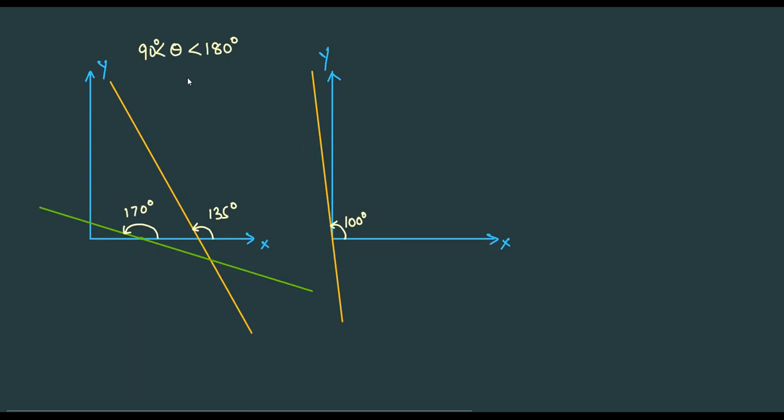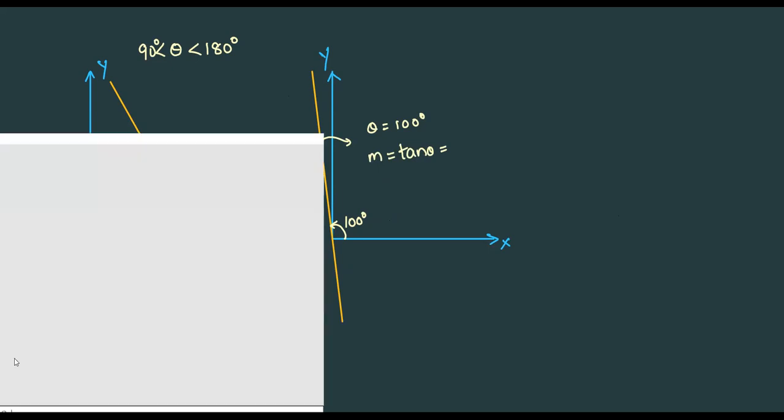Tan value for these. For the first one, theta is equal to 100 degrees. M is tan theta. So tan of 100, let us look.